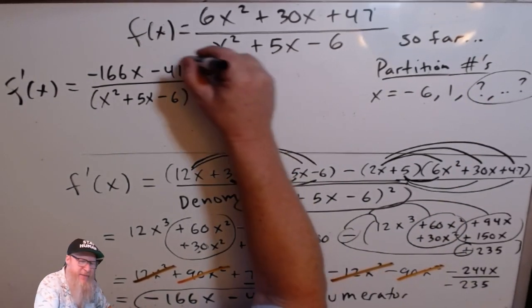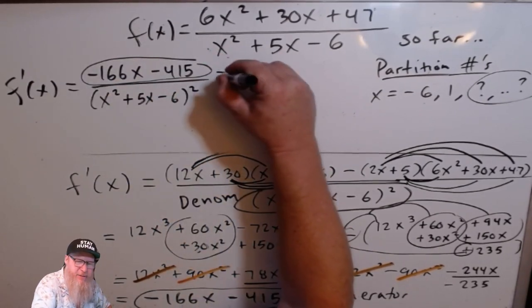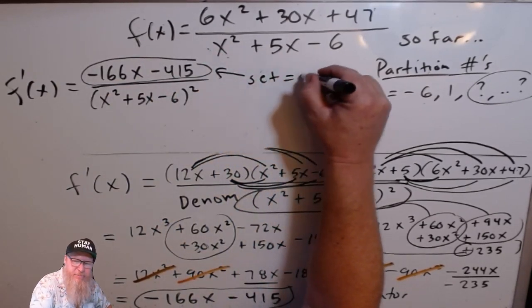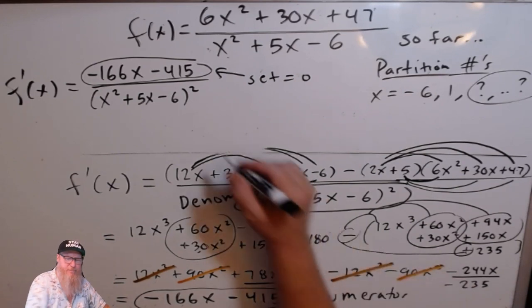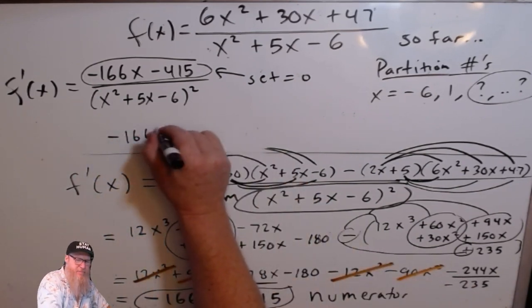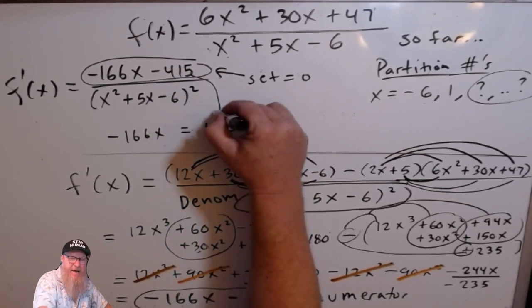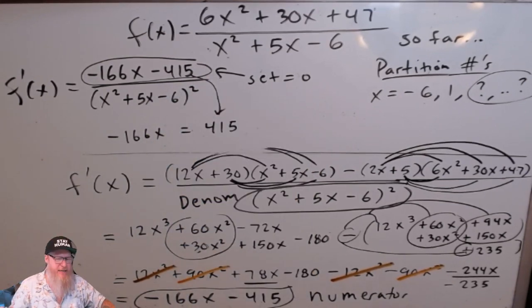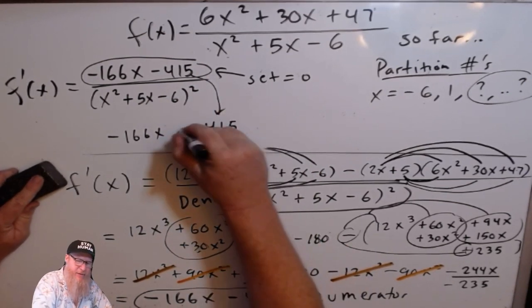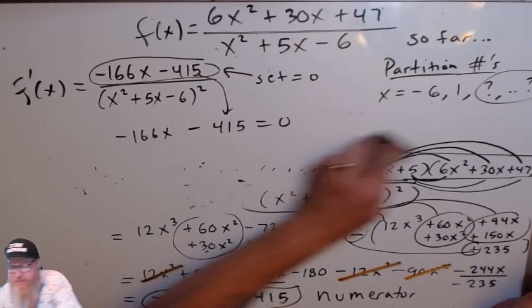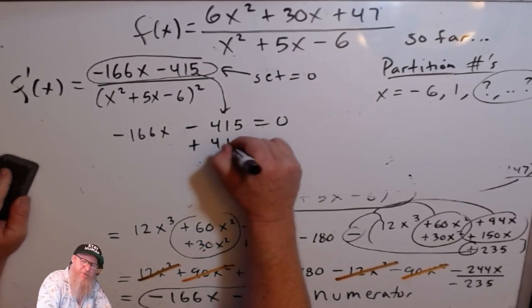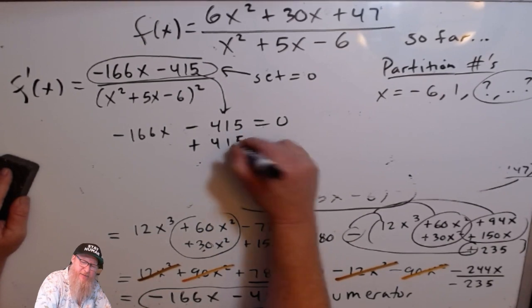So I'm going to set the numerator equal to 0. I'm going to add 415 to the other side. Here, let me just show that step. Adding 415 to both sides.